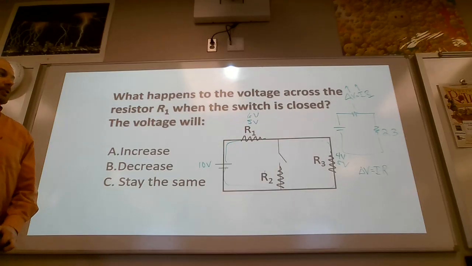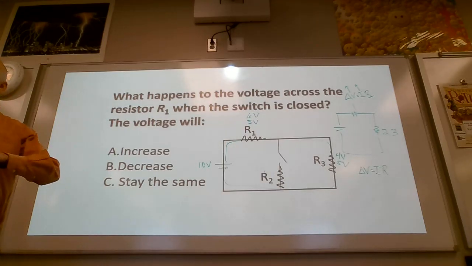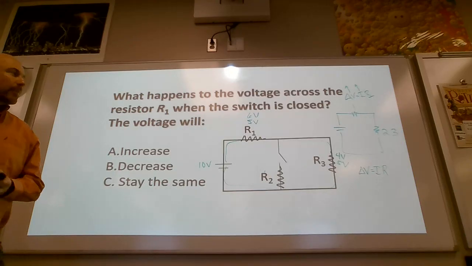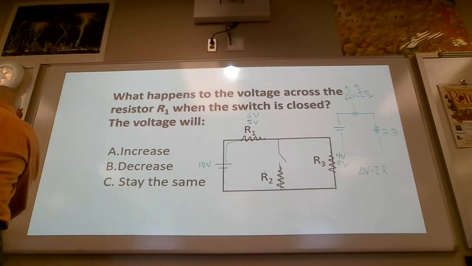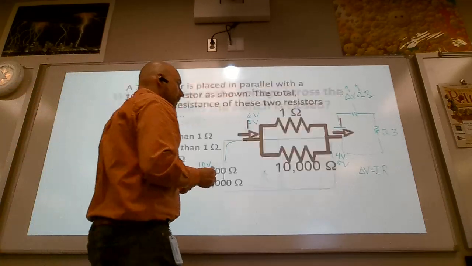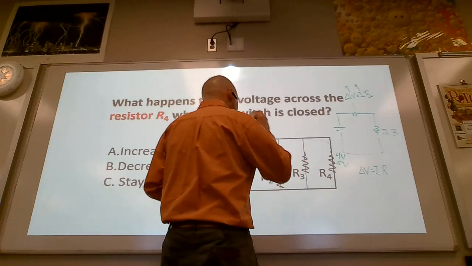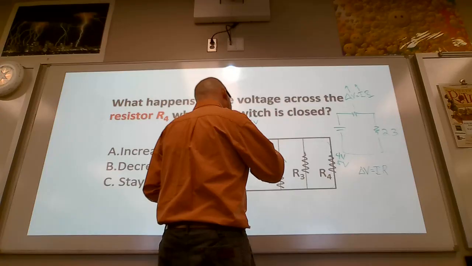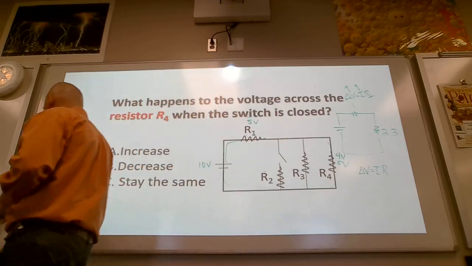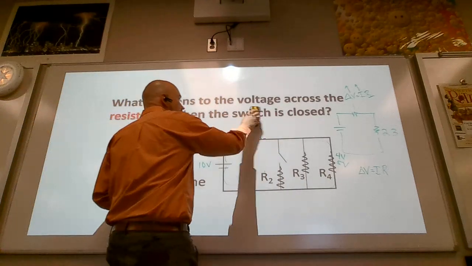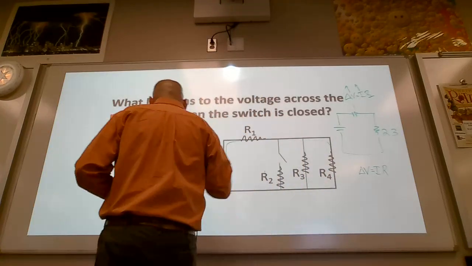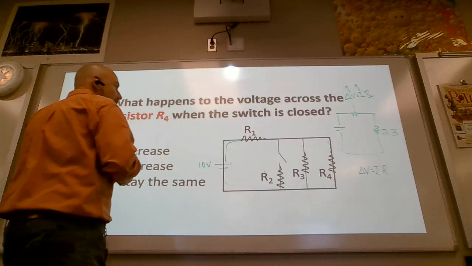Now, to address why the other people are wrong, student A was wrong because, let's say they're not equal.